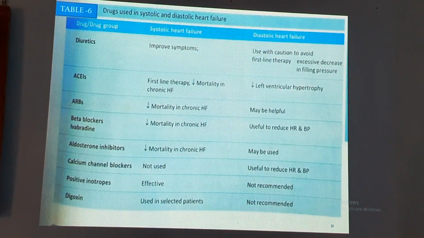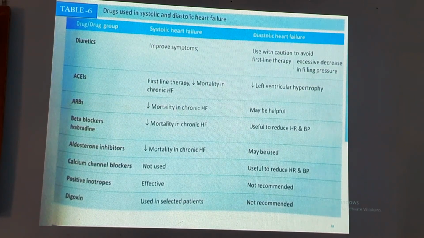Diuretics: in systolic heart failure they improve symptoms. For diastolic heart failure, use with caution and avoid as first line therapy, as excessive decrease in filling pressure occurs. Angiotensin converting enzyme inhibitors are first line therapy for systolic heart failure and decrease mortality in chronic heart failure.